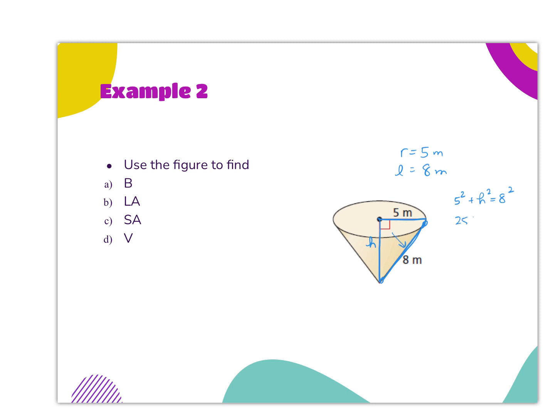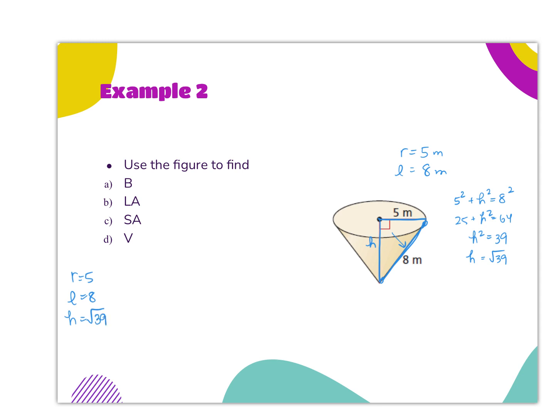So 25 plus height squared equals 64. Height squared equals 39, and the height equals the square root of 39. So in this problem, the radius is 5, the slant height is 8, and the height is the square root of 39.